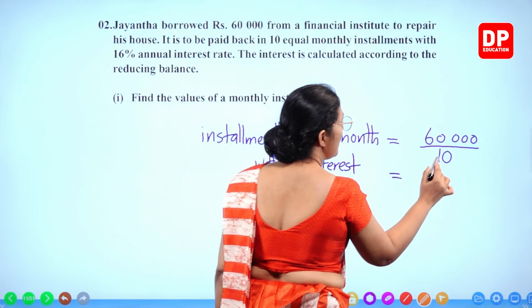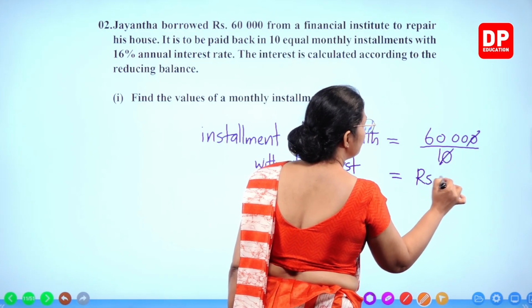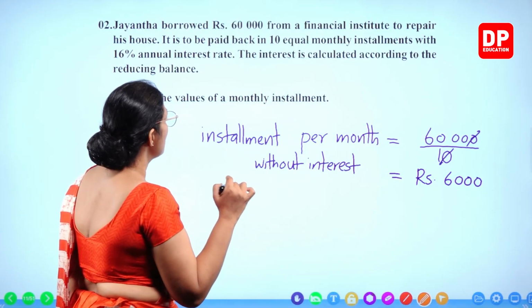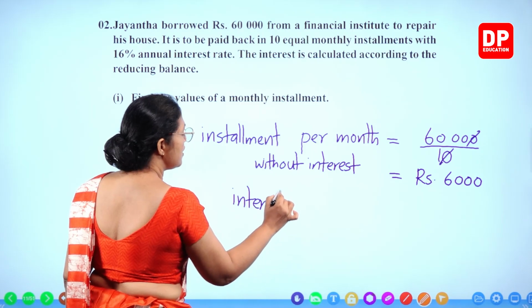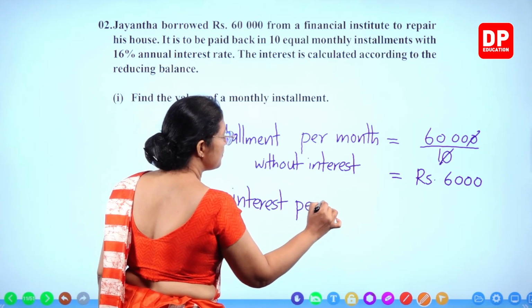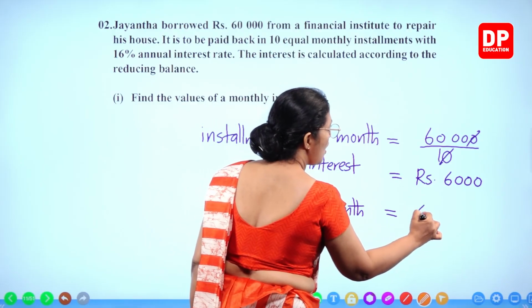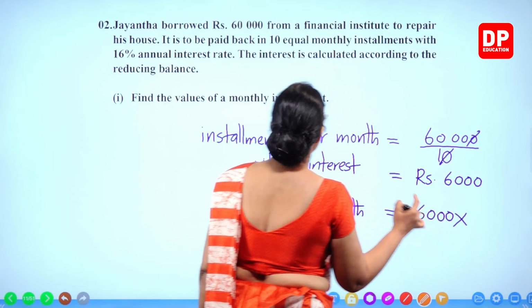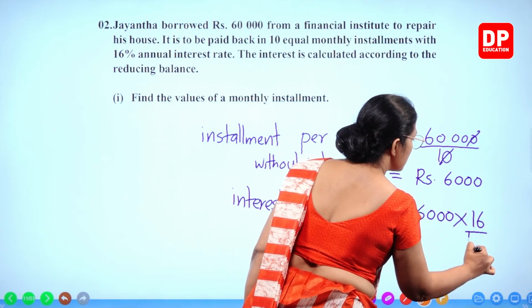So you need to pay 6,000 rupees. So what is the interest per month? Interest per month: 6,000 is the installment, and this is 16% of that.